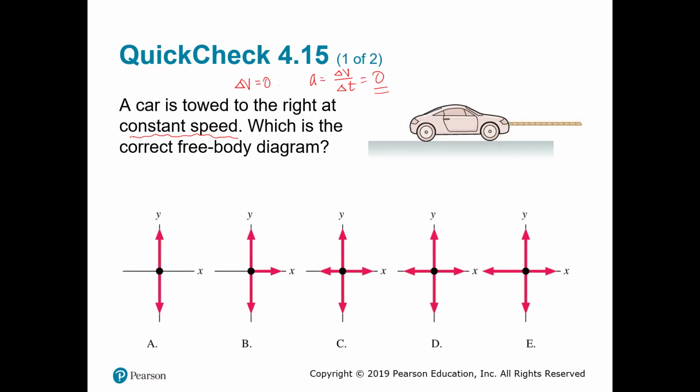In other words, constant speed means acceleration is zero. And because of Newton's second law, if acceleration is zero, then the net force is zero as well, right? So these three things are equivalent: constant velocity, constant speed, equals a equals zero, equals F is zero.